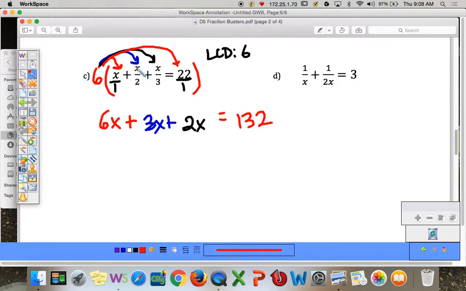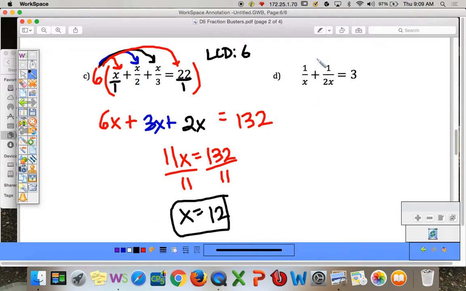Okay, so again, we're just multiplying, and then we divide it by the 2, multiply, divided by the 3. Combine like terms, 6, 7, 8, 9, 10, 11x equals 132. And we're going to divide each side by 11. So here x equals 12.